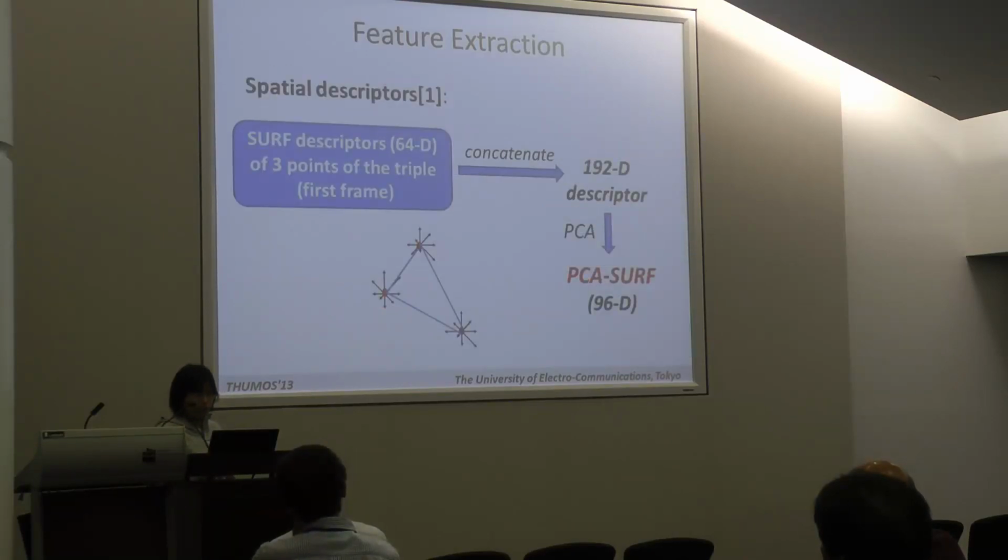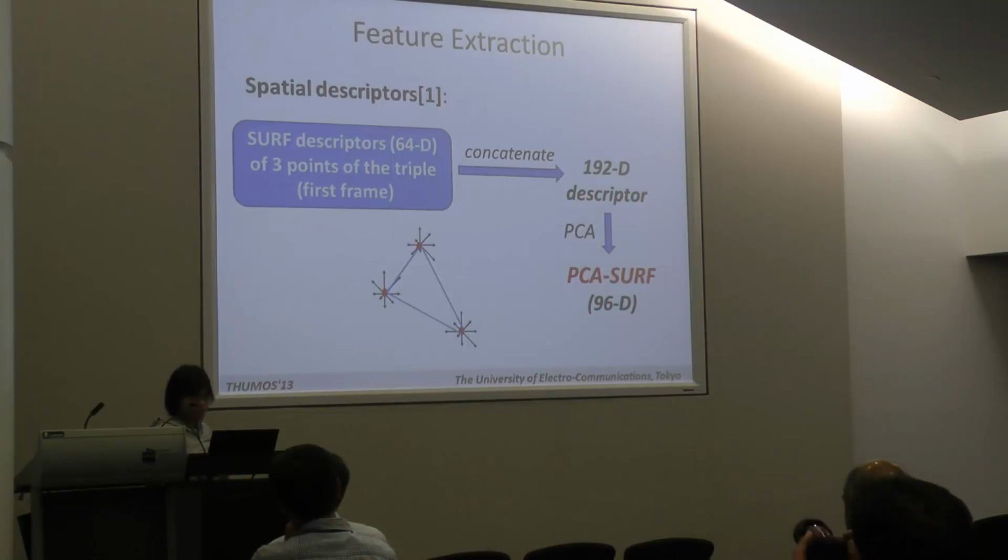We concatenate the sub-descriptors of three points of the triangle to form a 192 dimensional descriptor. But this descriptor is quite long and may contain repeated information. So we apply PCA to reduce the dimension, and we call the dimension-reduced descriptor PCA itself.